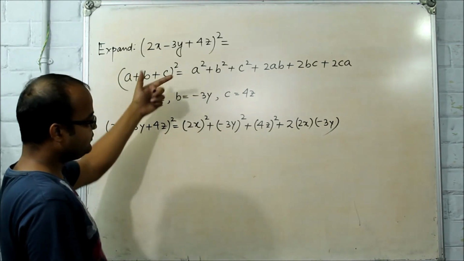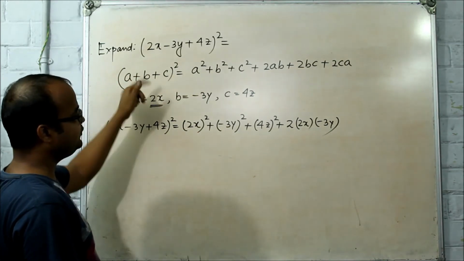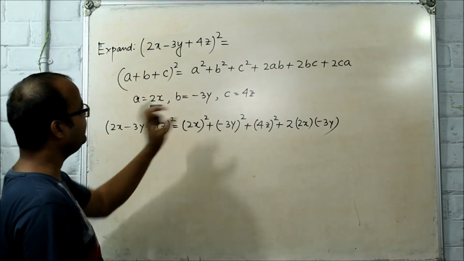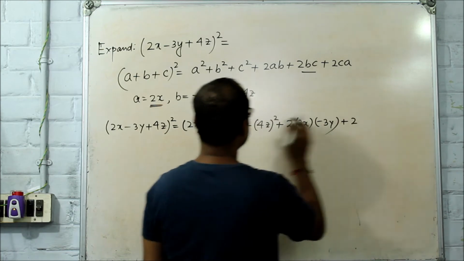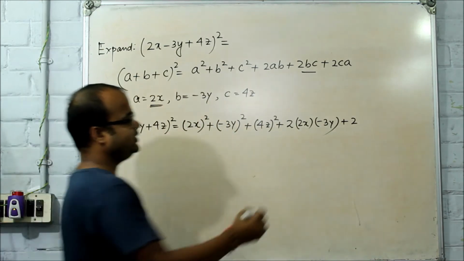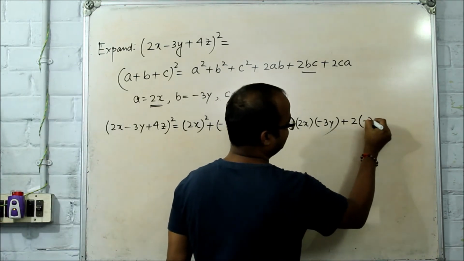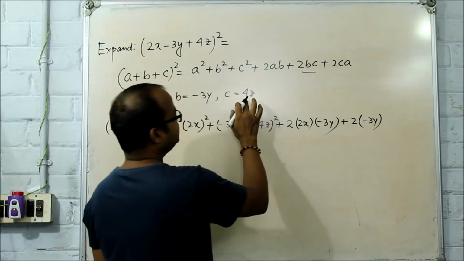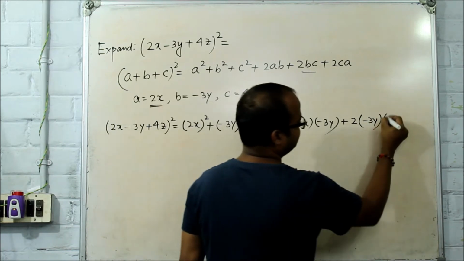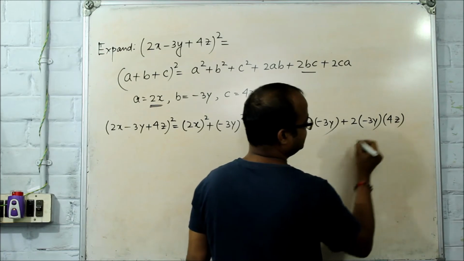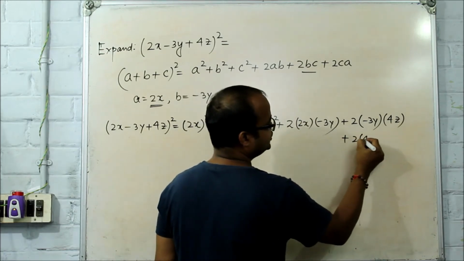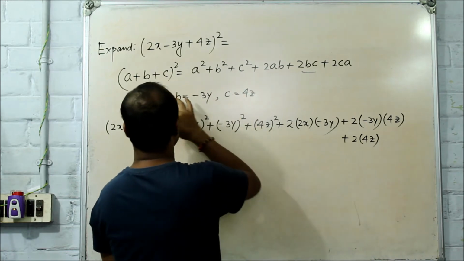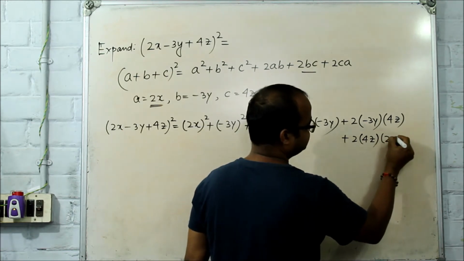Clear? As per the formula, we are comparing with the formula and substituting the value of a, b, c. Then 2bc, so b is equal to minus 3y, so here we write minus 3y and c is equal to 4z, so you write 4z, plus 2ca. c is equal to 4z and a is equal to 2x.